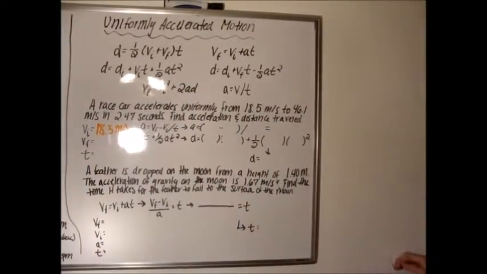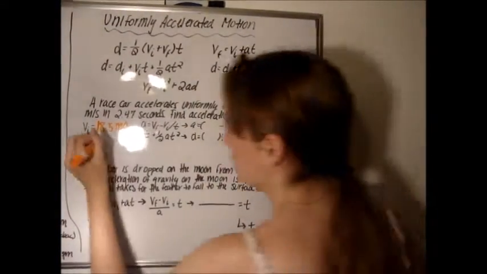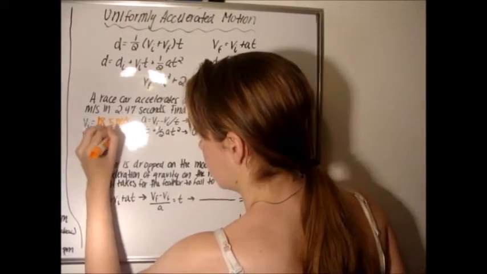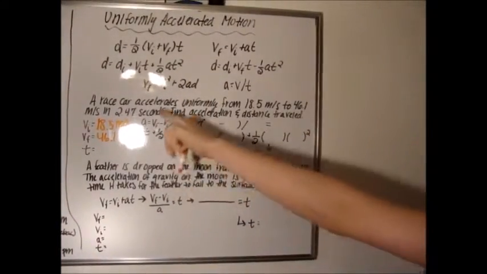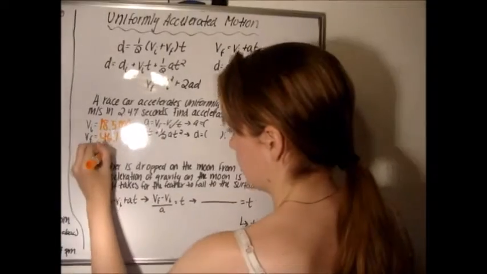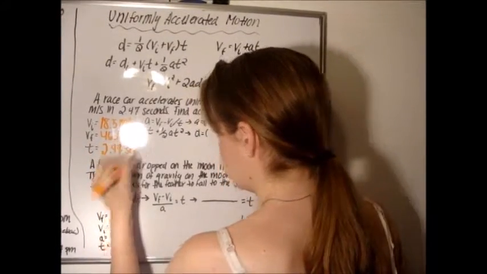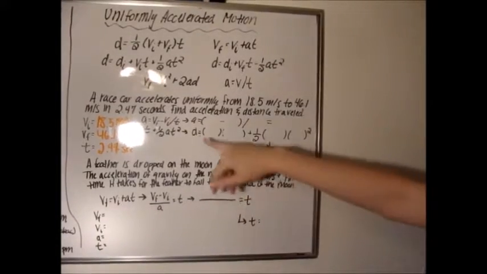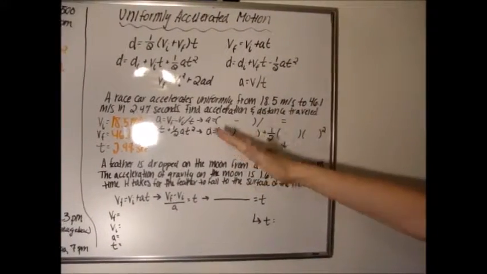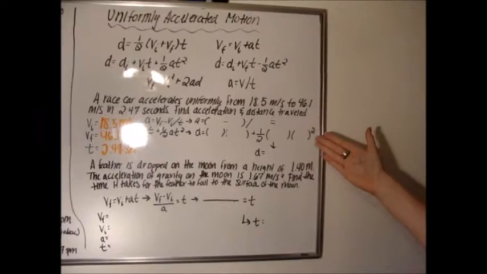And then the final velocity is going to be the 46.1 meters per second. And then time is going to be 2.4 seconds. 2.47 seconds. Okay, and so I'm going to be using one of my equations up here, since I have to find both the acceleration and the distance traveled.